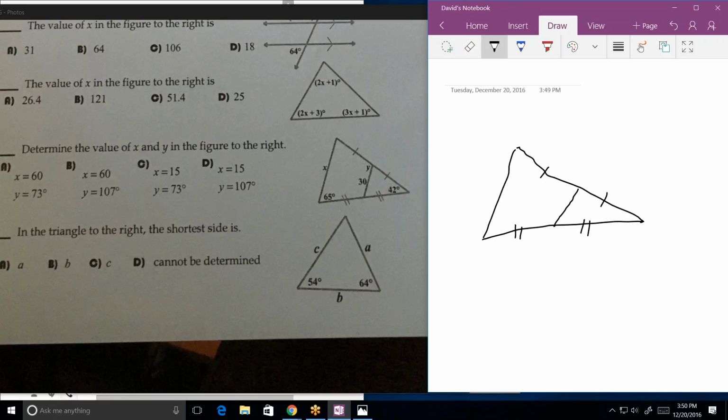I believe you can draw it the way I've drawn it. I know you can, because what if I had a triangle like this, and I said, okay, I'm going to bisect that line, and I'm going to bisect that line, and I'm going to connect the two. Does that make it parallel to that? Gosh, sure looks like it, doesn't it?